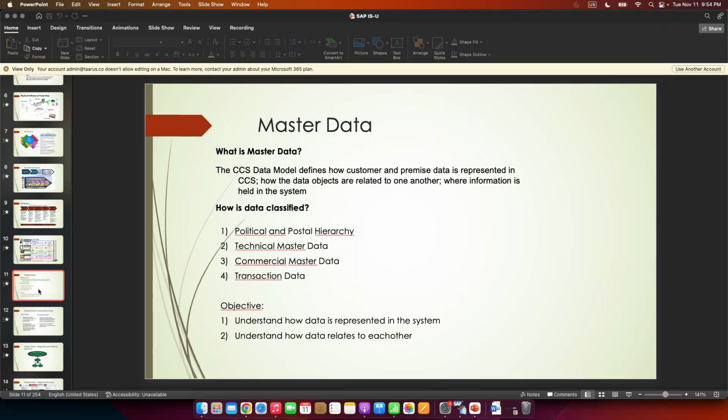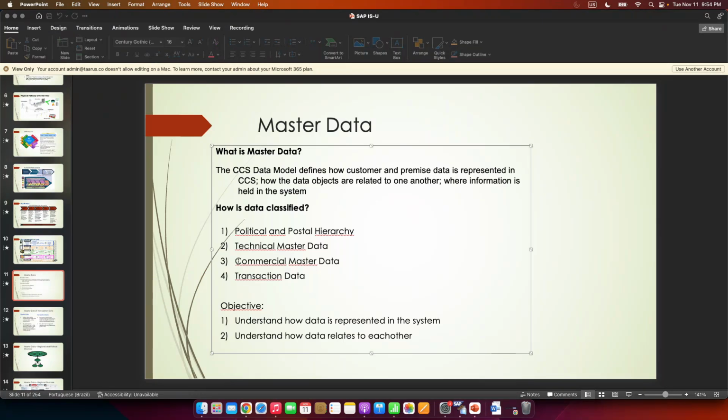Other than that, your master data is broadly categorized into three sets of information. One is called scheduling. Scheduling will have further subcomponents; we'll discuss it later. The second one is called business master data, which is also called commercial master data.